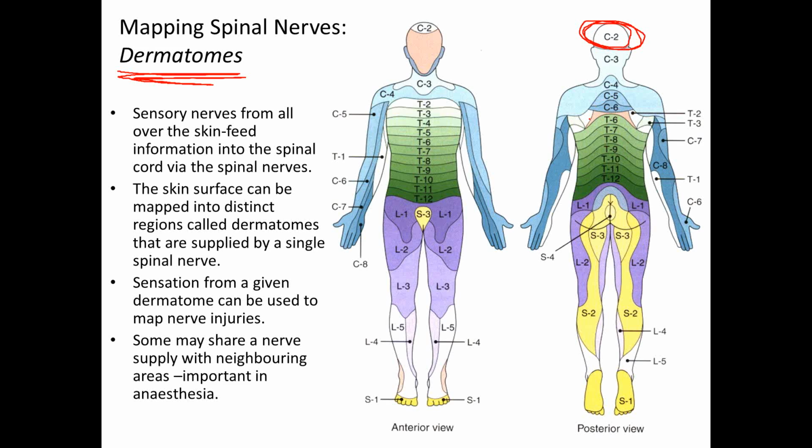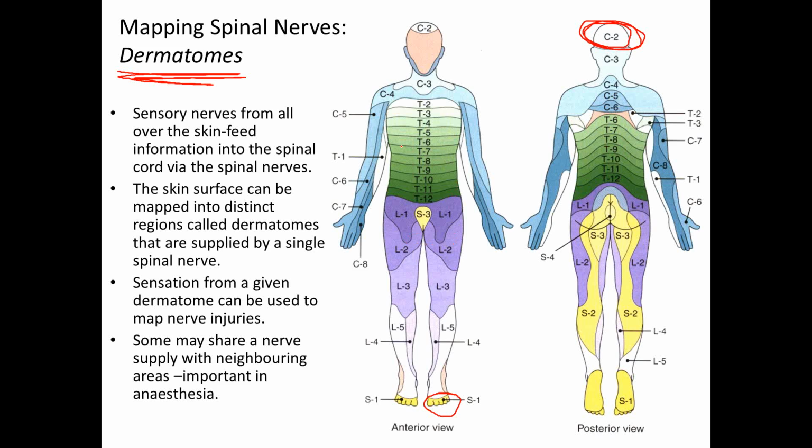Or if you now scratch your toes or the base of your foot, that nervous information is going in via S1, the sacral nerve 1. And as you can see, this is a steady map, a nice easy map for people to be able to check whether the sensory nerves are working properly.